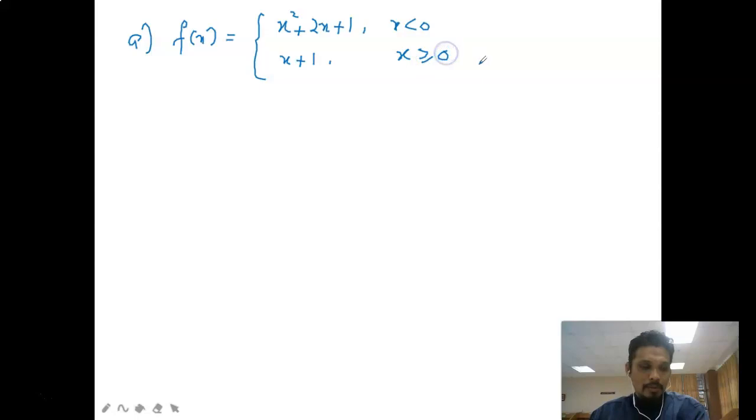Okay, the first one, f(x) equal to x squared plus 2x plus 1 for x less than 0 and x plus 1 for x greater than or equal to 0, at x equal to 0.